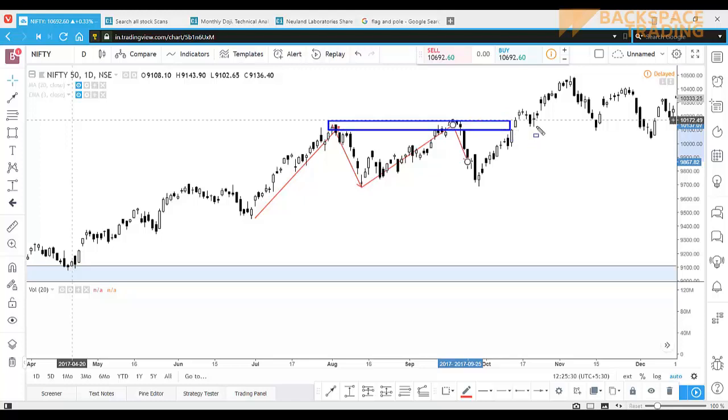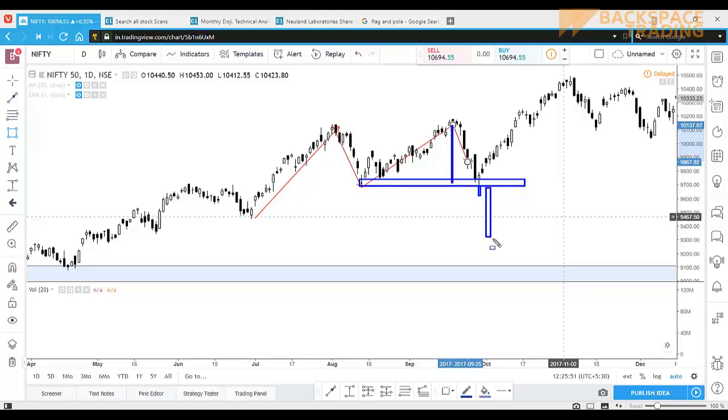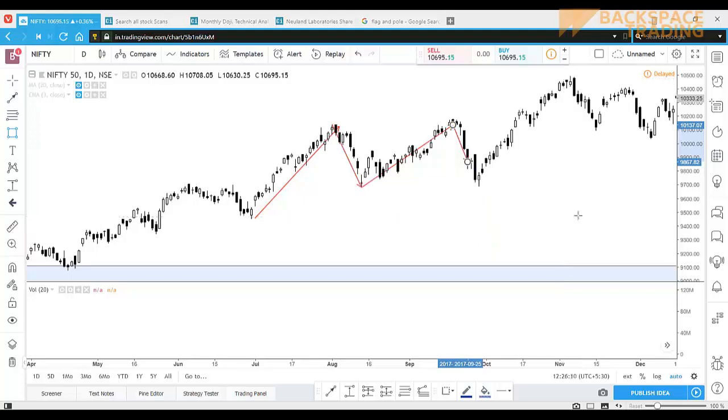If you are already trading patterns, for those guys I'm saying, this move until here, if you think this is a double top, no, wrong. Price needs to break this low. If you get a close below this low, only then you get a double top. And measure this distance, draw that. That is what you should do. But unless this candle closes below, there is nothing you can do.